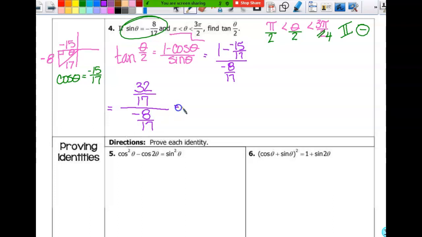Then that's going to give me 32 over 17 times a negative 17 over 8. So the 17s cancel out. 32 divided by 8 is 4, and I have this negative sign here, so it's negative 4. So I knew it was supposed to be negative, so that's good. Doesn't guarantee me that the 4 is right, but at least I got the correct sign. And that is tangent of theta over 2.